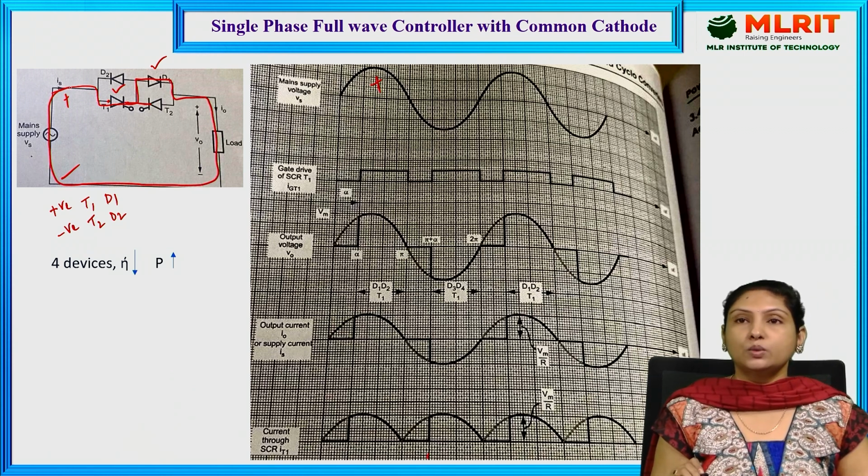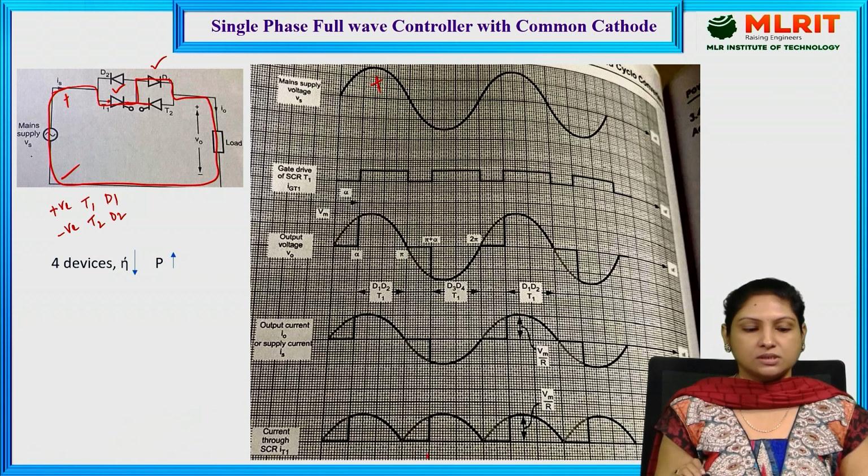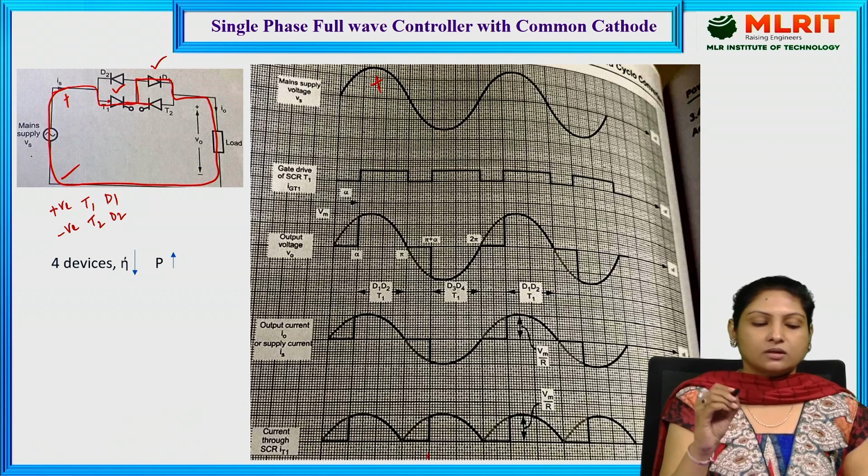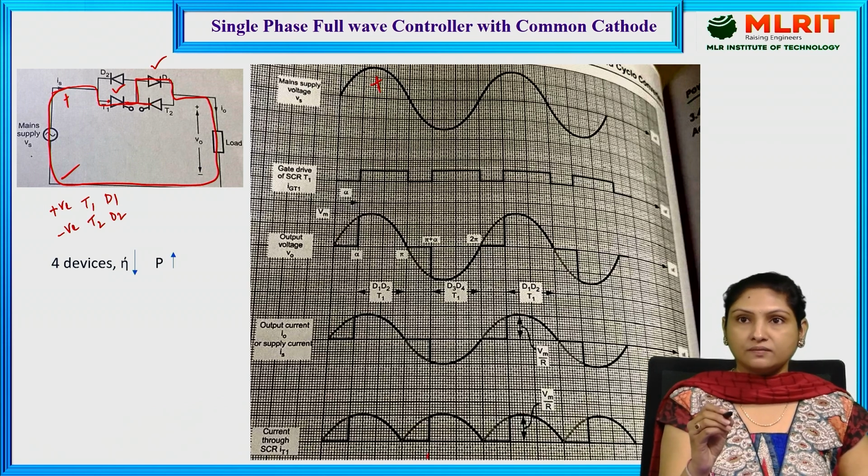And this is the individual circuit diagram during the positive half cycle.